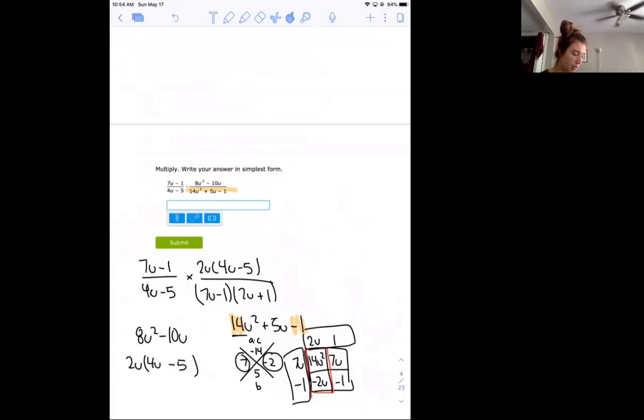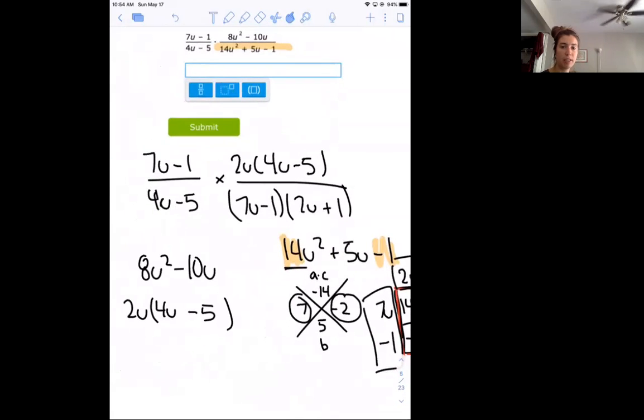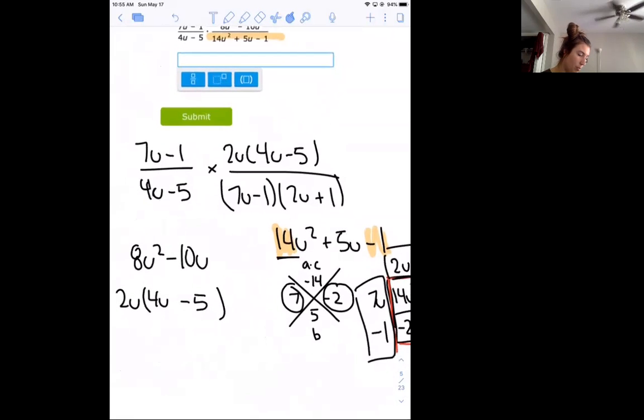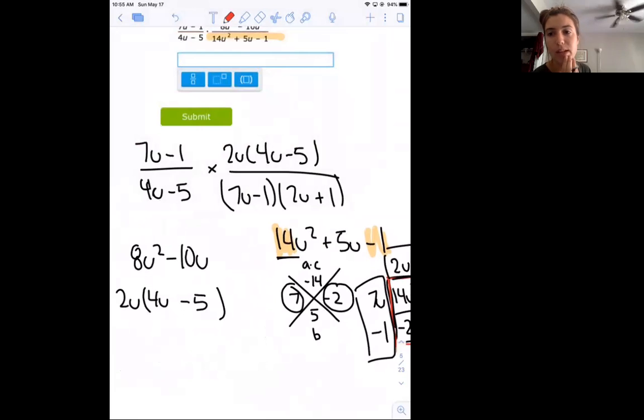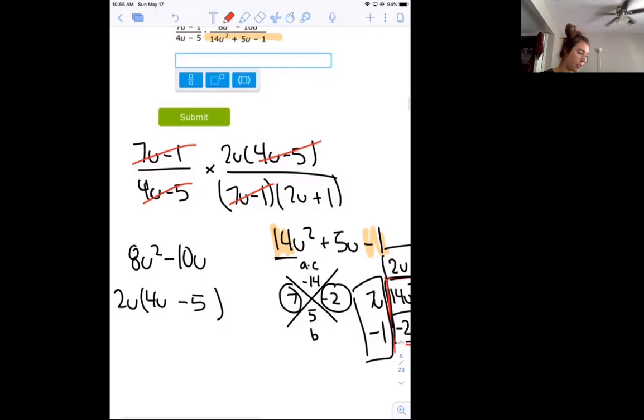Okay, so all I did is I rewrote the problem with my factors on the right side now. So now when I'm multiplying across, I can see that I have some repeating binomials on the top and the bottom. So that was the whole goal. So now I have a 7u minus 1 on the top and the bottom. And I also have 4u minus 5 on the top and the bottom. So that makes my multiplication a lot easier if I can get rid of those terms.